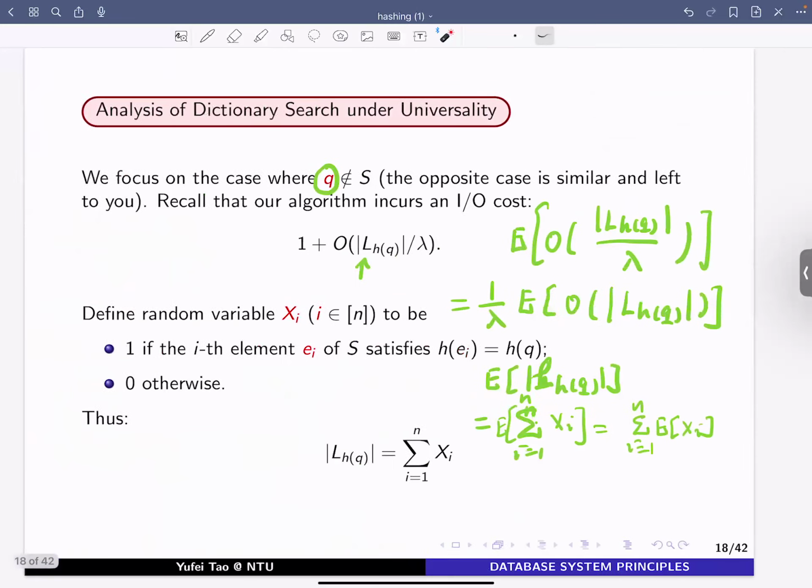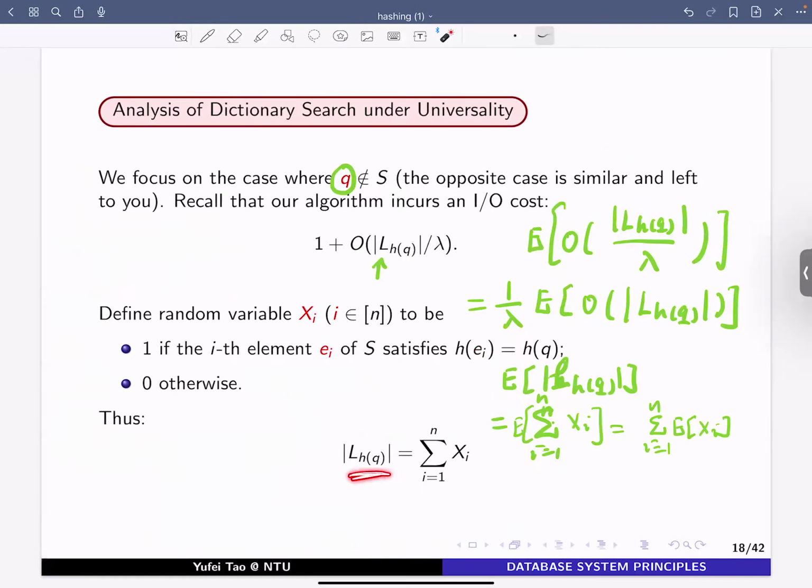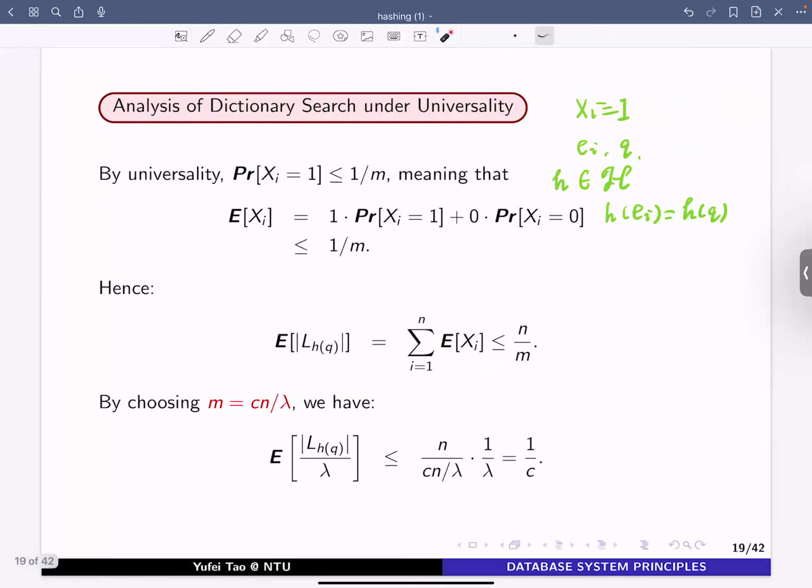So let's not forget, this is only the bucket size, but we care about the number of blocks required to store the bucket. So we have to divide everything by lambda, and that's the I/O cost. So that's why we now analyze what happens to the number of blocks that we need to store the bucket. Okay. So this lambda is taken out here. So you have this 1 over lambda.